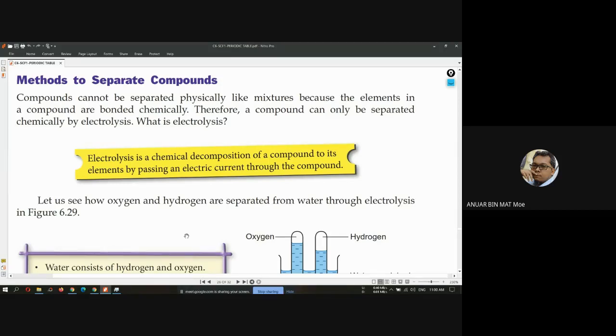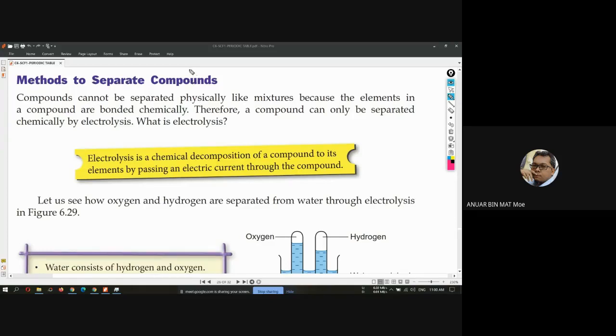For chapter 6.3, you must understand the definition of compound. Two or more elements or compounds that are mixed together chemically or physically. Compound, mixed together. What for compound?